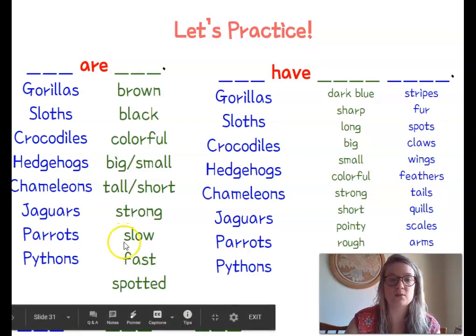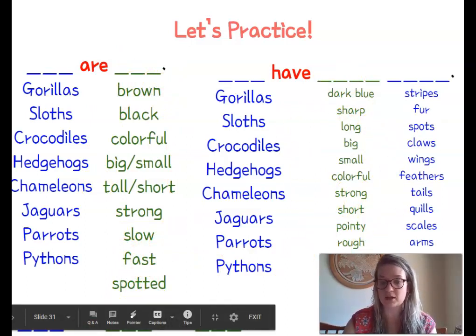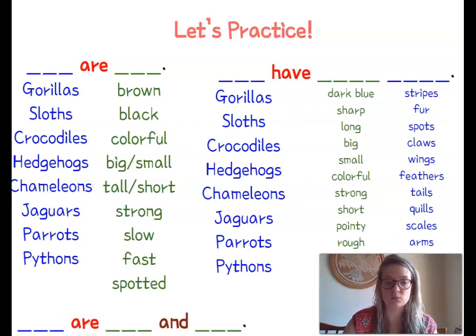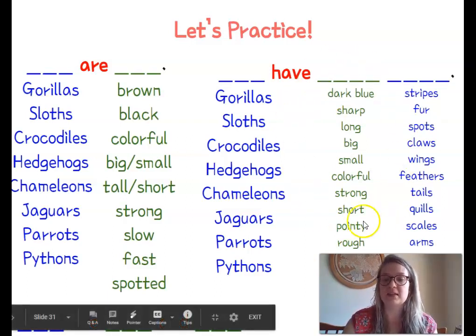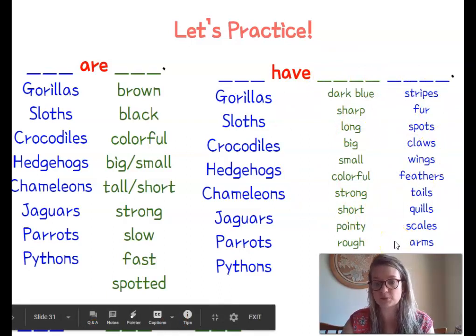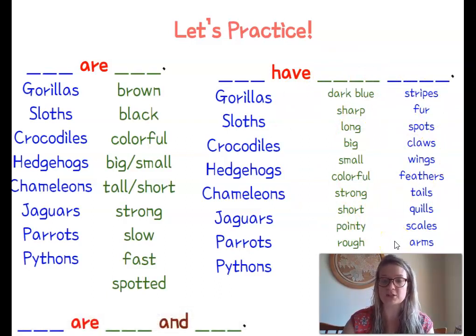Remember, our goal today was to use those adjectives, those describing words, to tell more about the physical features or what these animals look like. In tomorrow's lesson, we're going to be using the same adjectives and nouns, but we're going to add verbs to explain what they use these body parts to do.